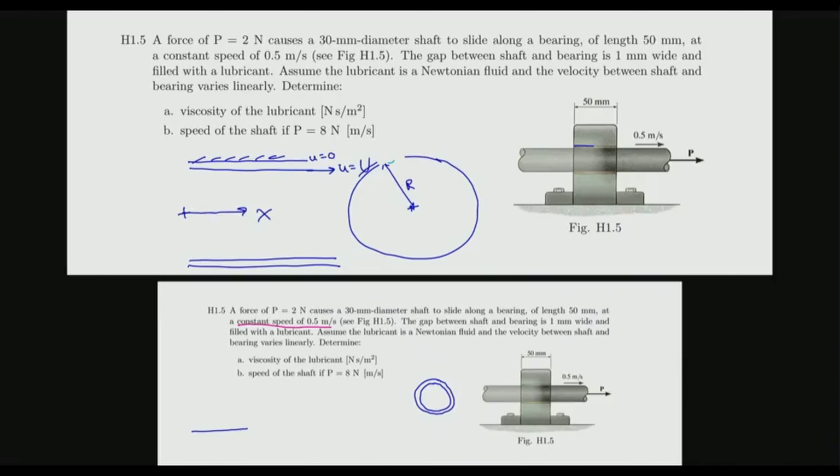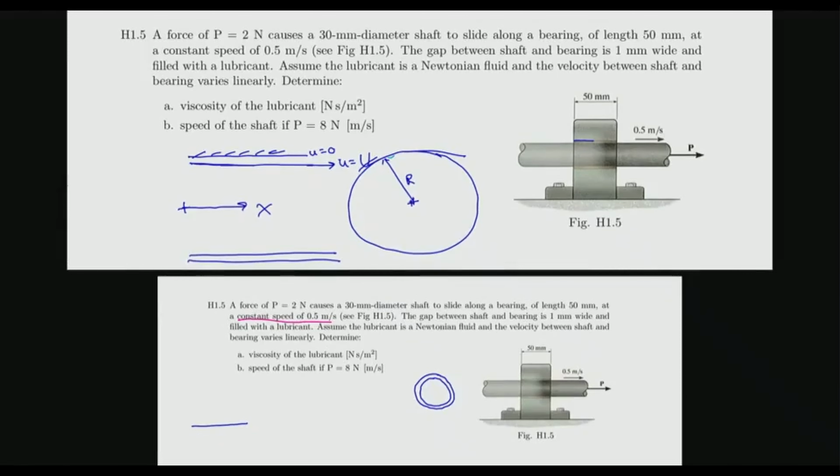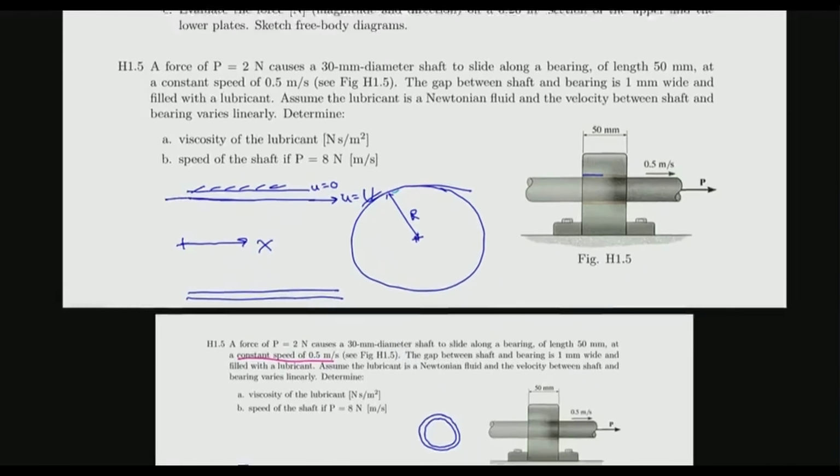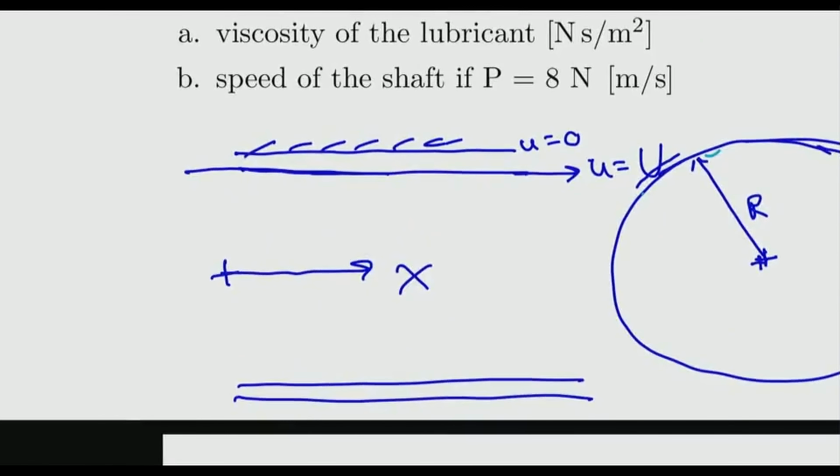Now, because this could be considered just a flat surface going in this direction, we could do this problem by just assuming xy 2D flow, considering this is x and a local coordinate, this is y.